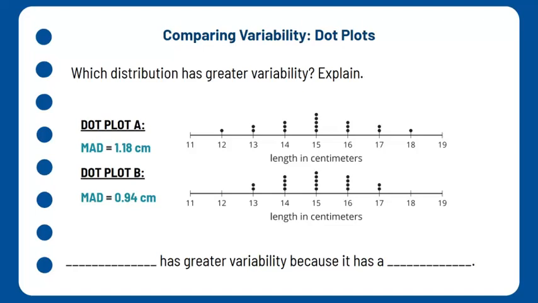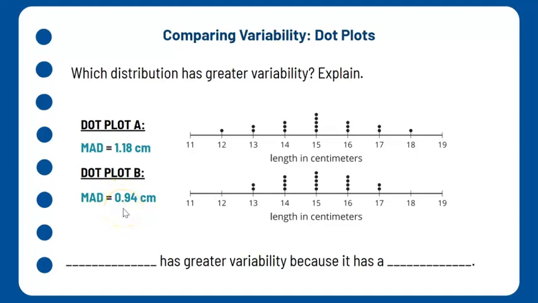Notice that both dot plots show a symmetric distribution, so the mean and the MAD are appropriate choices for describing center and variability. The MAD of the first data set is 1.1800 centimeters, and the MAD of the second data set is 0.9400 centimeters.